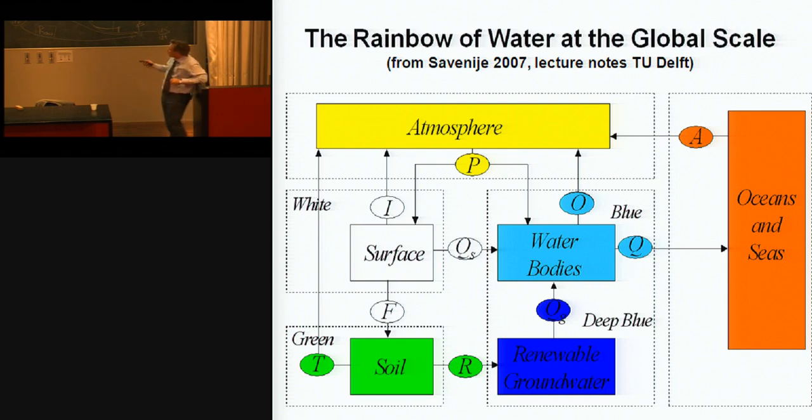Yeah? More important is the evaporation flux of the transpiration, the green water flux, and then the blue water flux are here. Therefore, I used also blue for the 3 different runoff components, and the water managers call a water resource blue water when it's water in the river. Some authors then also distinguish between blue water in water bodies like rivers and lakes, or deep blue water, that's the renewable groundwater.